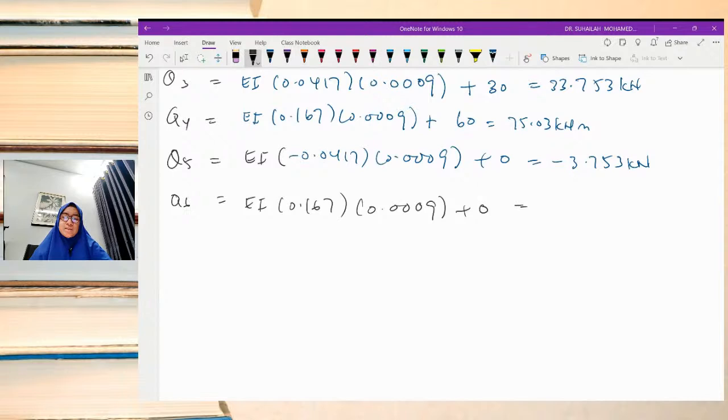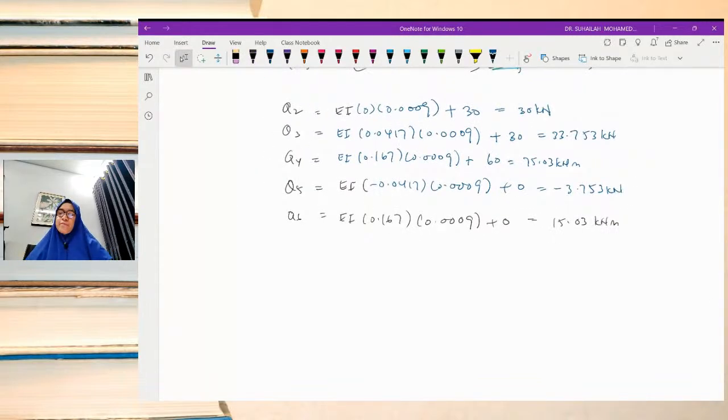The answer is 15.03 kilonewton meter, a moment.